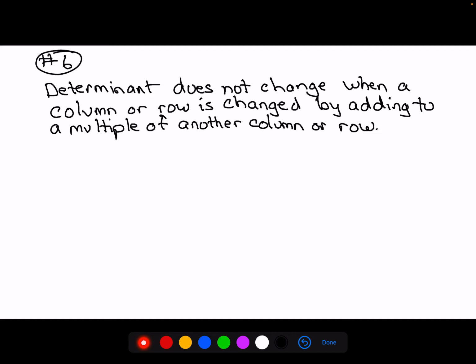So you take a constant times another row or column, whichever one you're dealing with. And if you add that to change the row, it's not going to change your determinant.